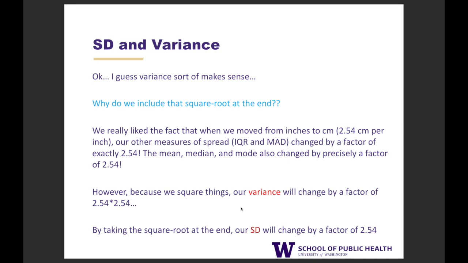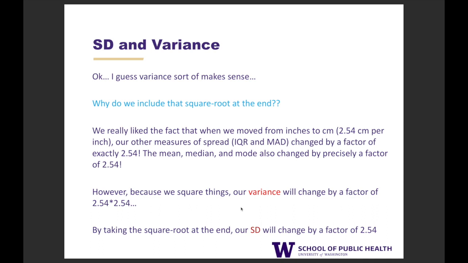However, with the variance, because we have squared things, our variance will change by 2.54 squared. So again, somehow the units are wrong. Rather than being in centimeters, if we measure height in centimeters, our variance will be in units of centimeters squared. Ugh.